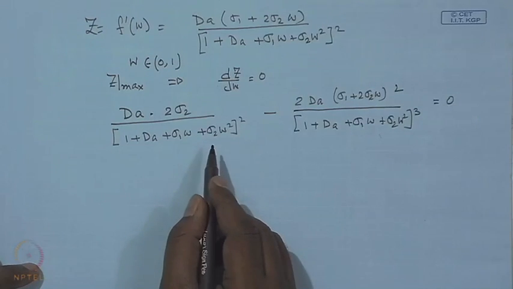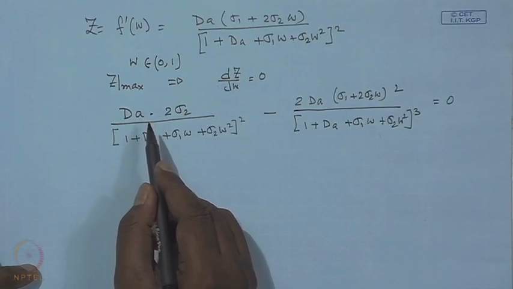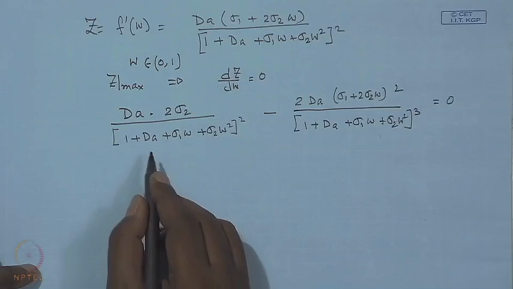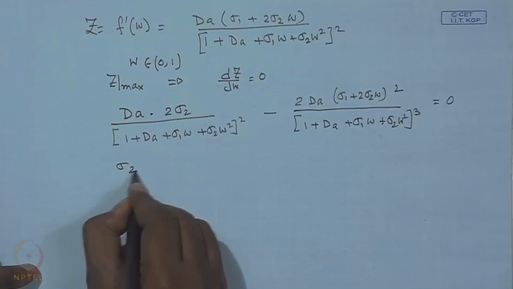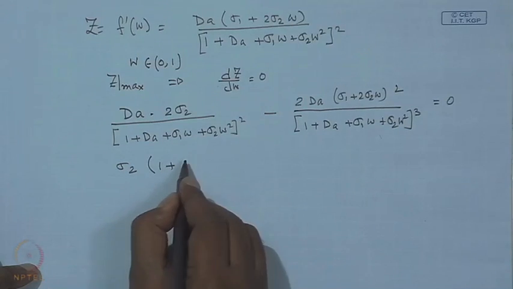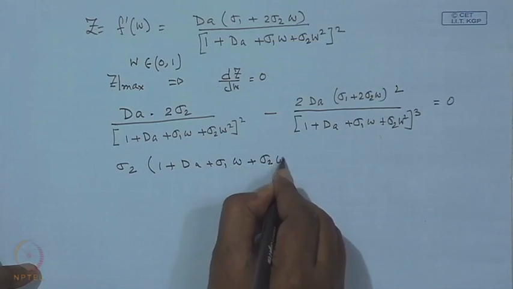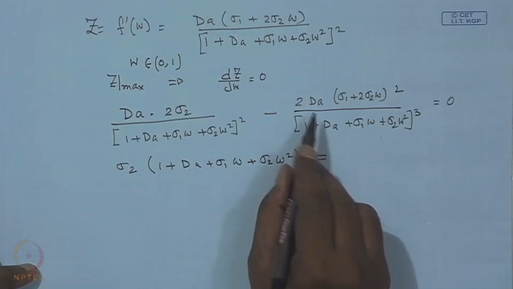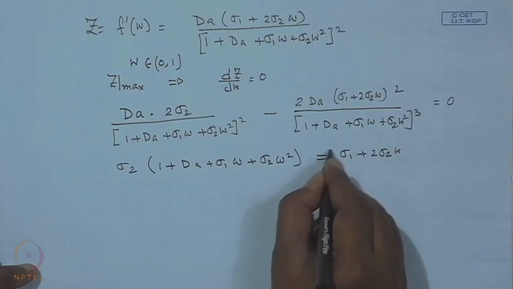Now, if one can simplify this whole thing, 2 dA will simply cancel out. So, you will be getting sigma 2 multiplied by 1 plus dA plus sigma 1 w plus sigma 2 w square. So, after simplification, that should be equal to, dA will be cancelled out, this will be remaining, sigma 1 plus 2 sigma 2 w, squared.